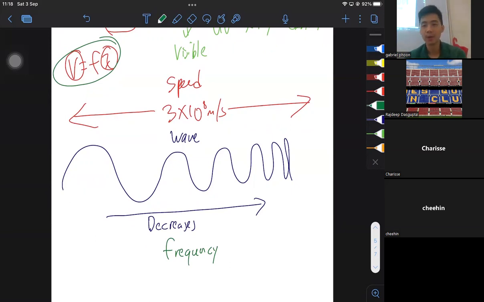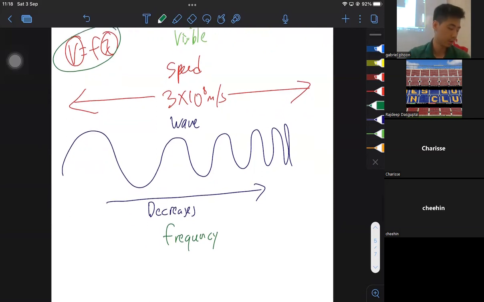Anyone online wants to answer this? Let's see. Caris, do you want to take a wild guess? What's going to happen to the frequency as we go down the electromagnetic spectrum? Do you think it's going to increase, or decrease?